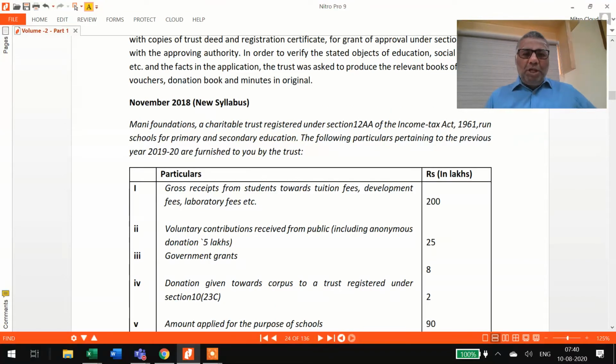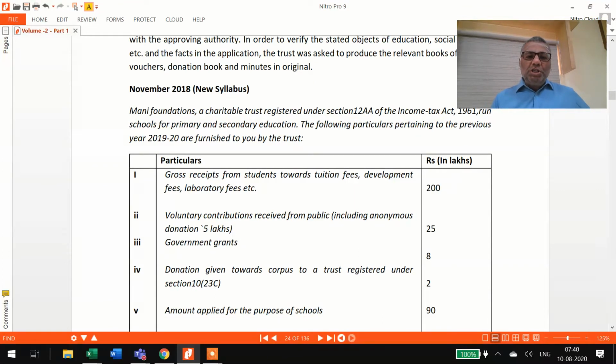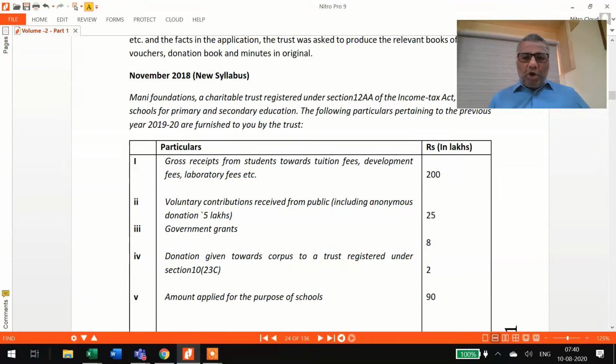Money Foundation runs a charitable trust registered under 12AA, running school for secondary and primary education. The following are the particulars. Gross receipts from students, 200 lakhs, which exceeds. Voluntary contribution, including anonymous donation, government grant, donation given towards corpus offered to a trust.